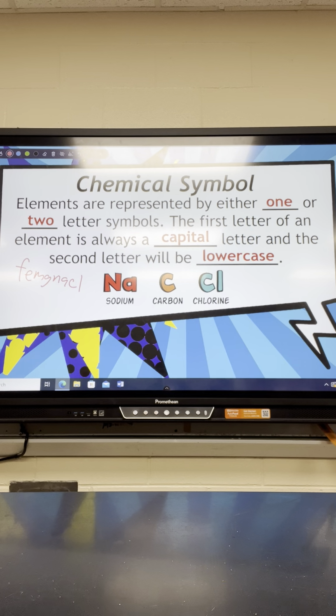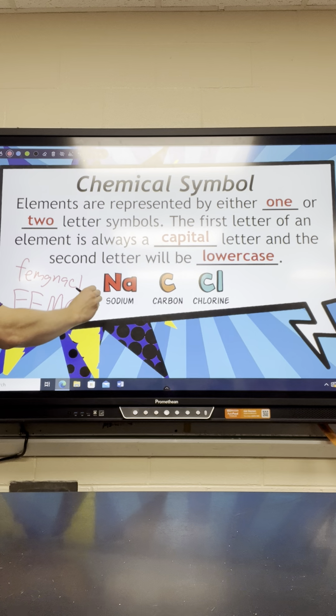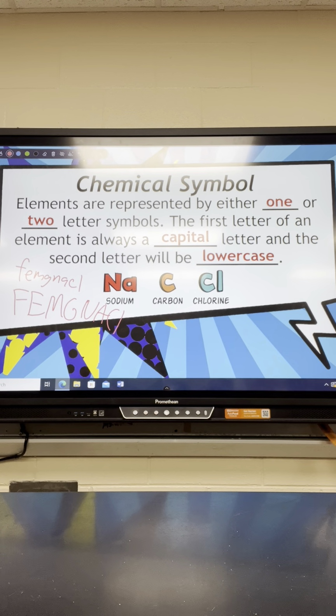Exactly. The reason it's capitalized is to show you that it's an element. If there were no capital letters, you wouldn't know which was which. That's still confusing, because it makes it seem like every letter is an element.